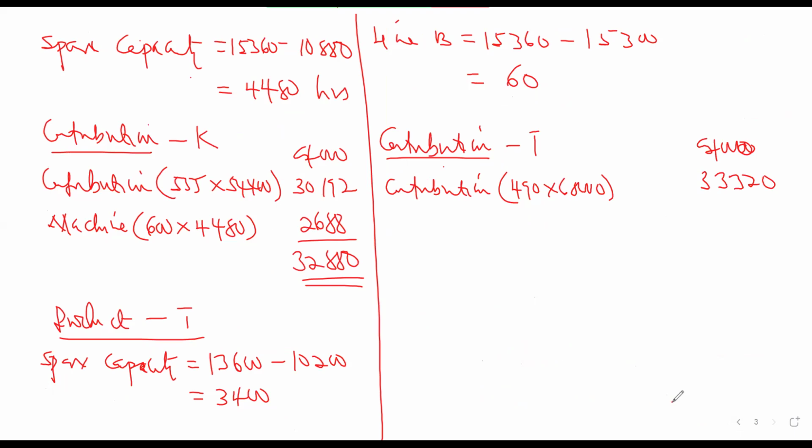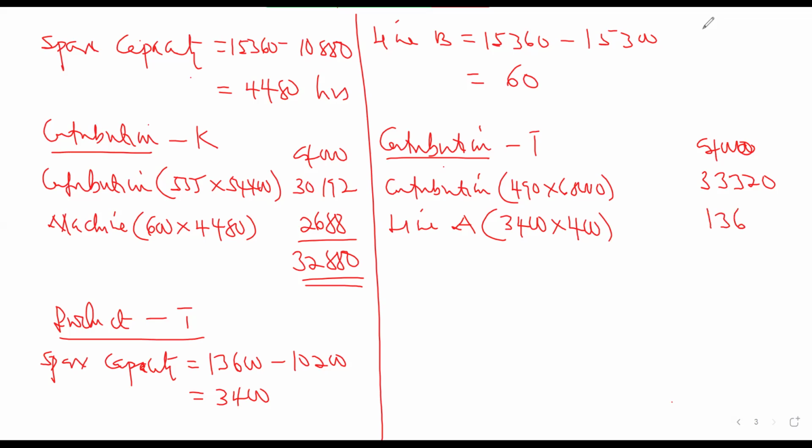Let's come to machine line A. The contribution from that place will be 3,400 multiplied by 400. How much are we getting? 1,360.